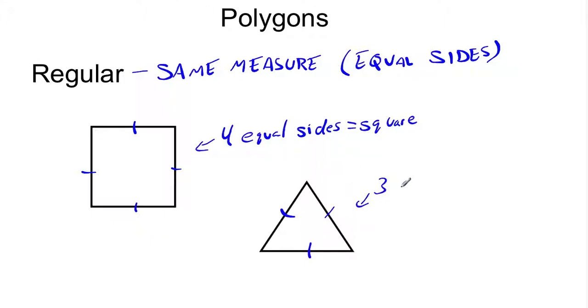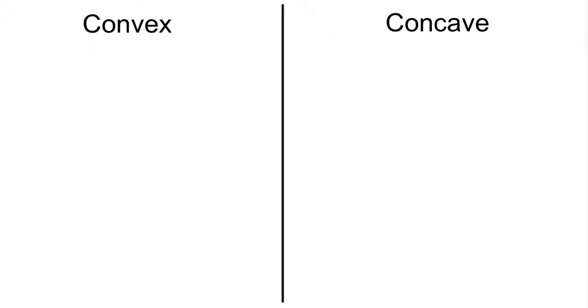This is 3 equal sides, and you may know this as an equilateral triangle. Don't worry about the name. We'll work more with triangles coming up, but just know that this is 3 equal sides, and these are both regular polygons.